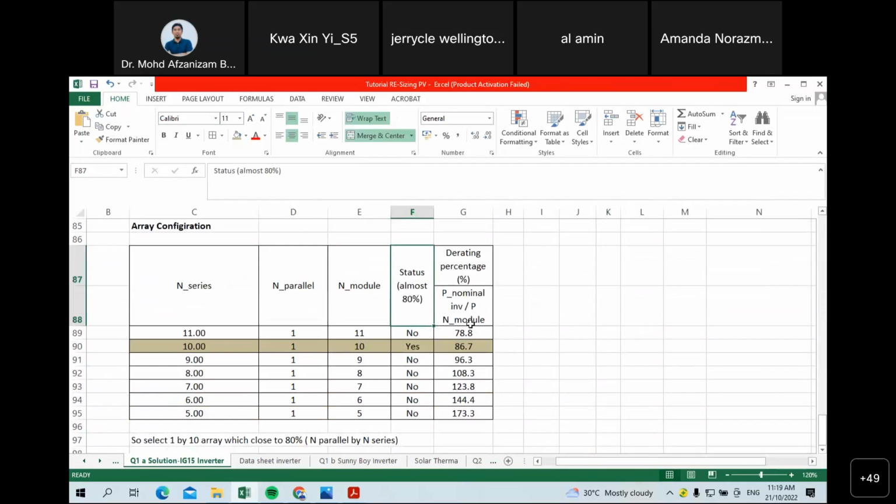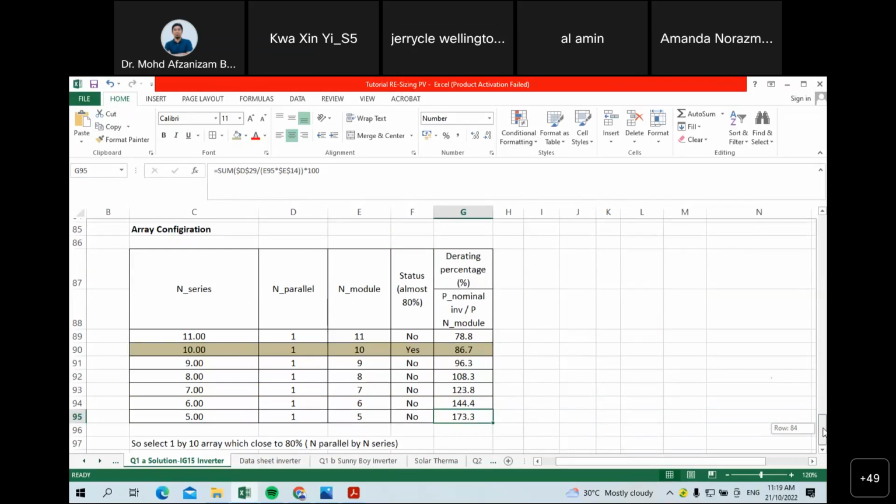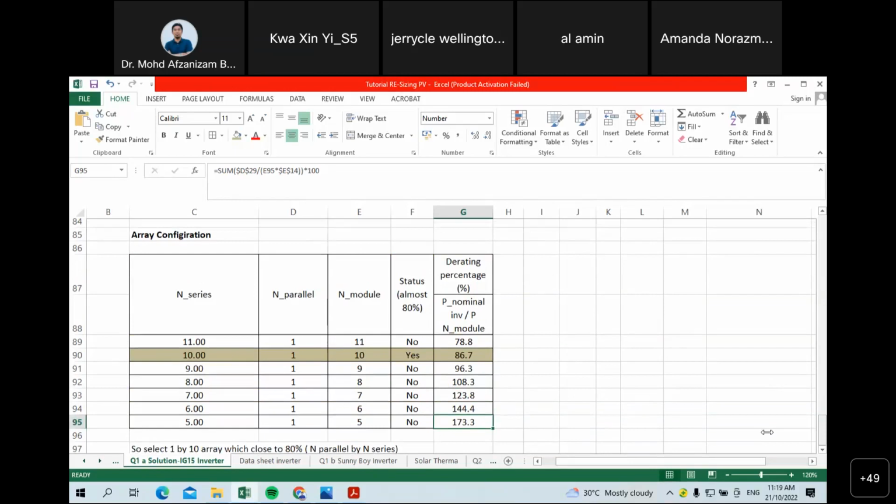So we need to do some calculation to assure it is more or less similar to 80%, and the best is 86.7. Because if we exceed 100%, for example 108, 133, 40, they are over the limit of the capacity of the inverter to receive power from the PV. Okay, understood, sir. Alright, thank you.